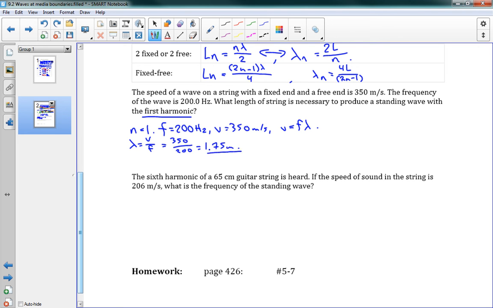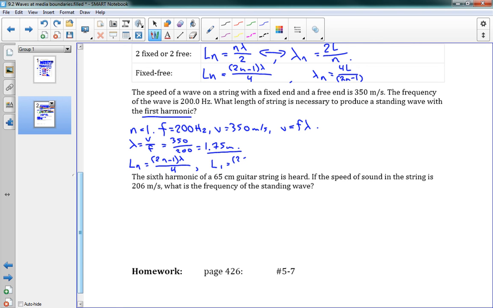And then I can say that the length for the nth harmonic is equal to, well, we're dealing with fixed free, so we need to use the second set of equations here. So we have 2n minus 1 times lambda over 4. So if I'm solving for the first harmonic, we get 2 times 1 minus 1 times our lambda, which I can fill in that value.